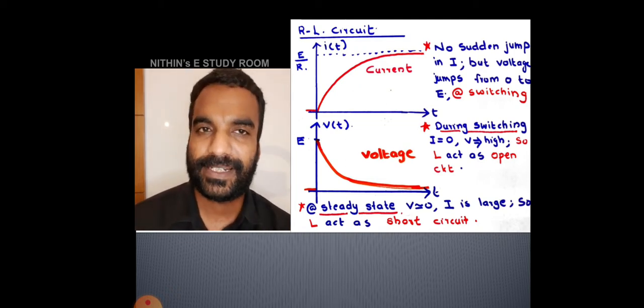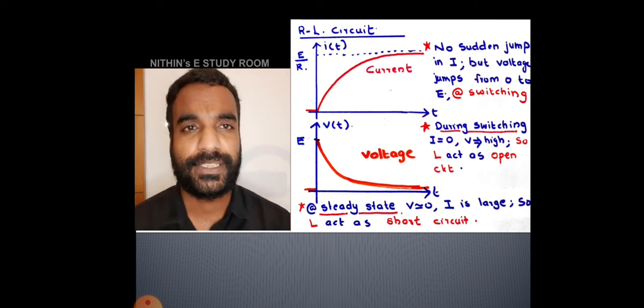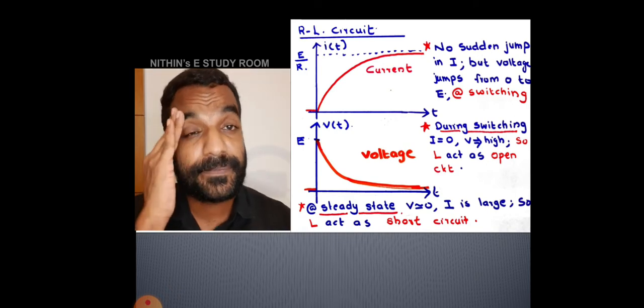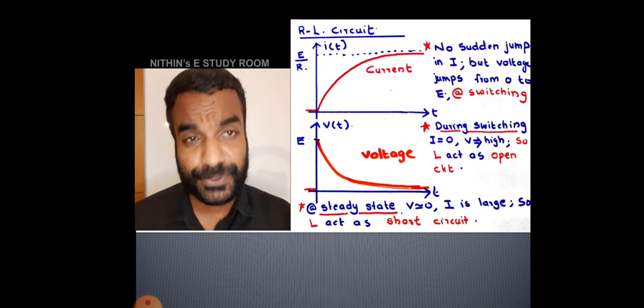What is I0 minus? The current just before the switching instant. And what is I0 plus? It is the current just after the switching instant.